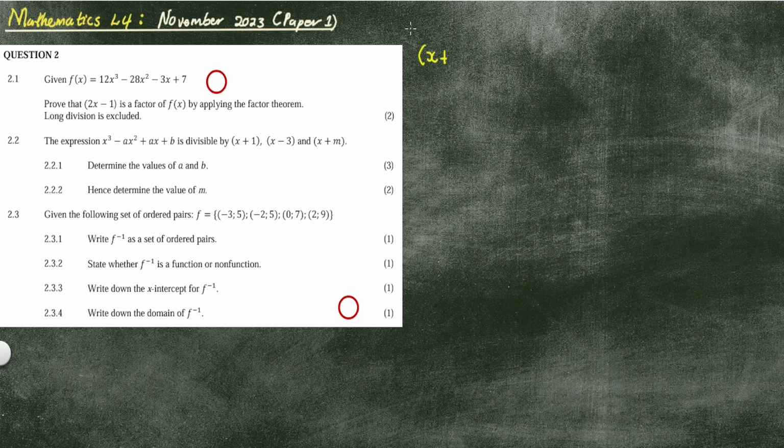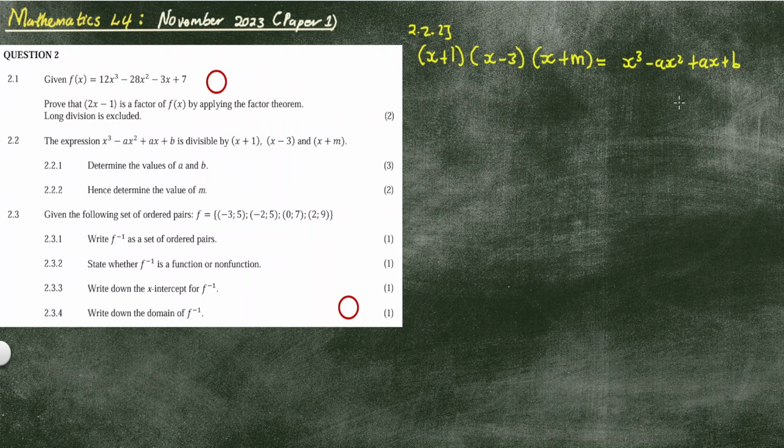The x plus 1, when multiplied by x minus 3, multiplied by x plus m, right? It should be equal to x cubed minus ax squared plus ax plus b.